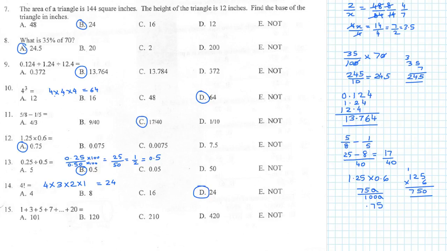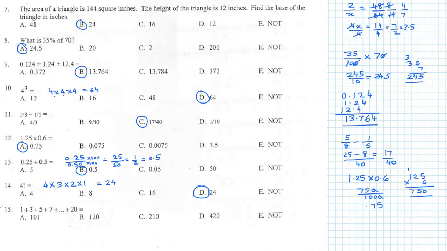Question 15. What is the sum of 1 plus 3 plus 5 plus 7 all the way to 20? So the first 4 numbers in this series are odd numbers, and then the last number is an even number.